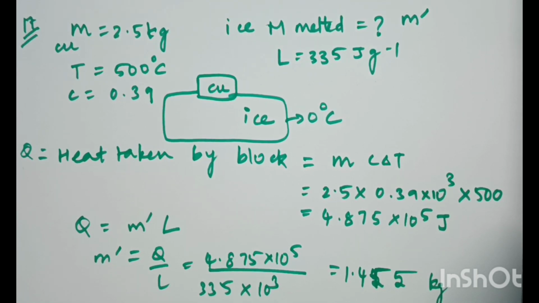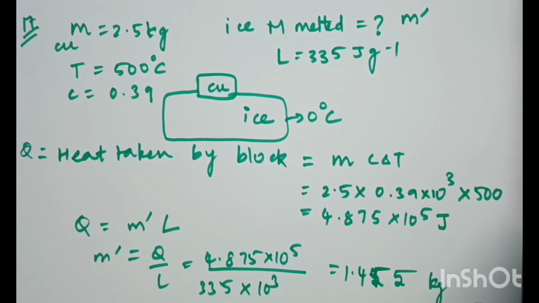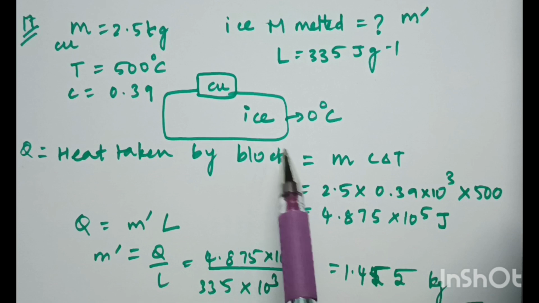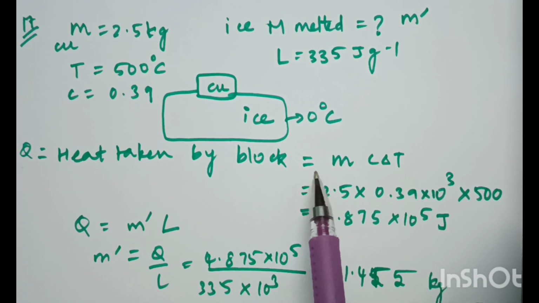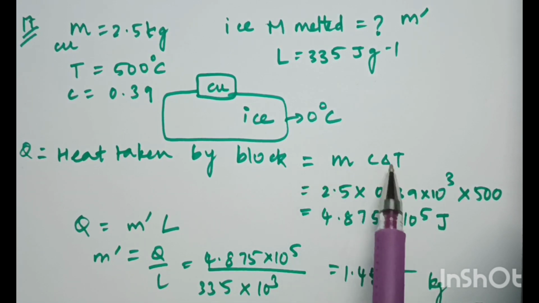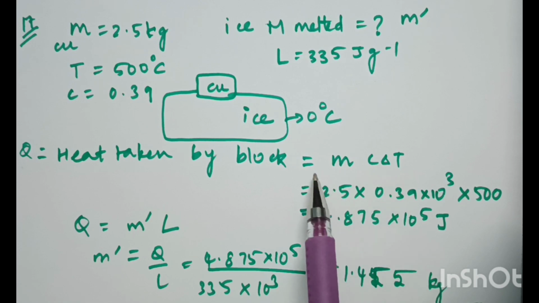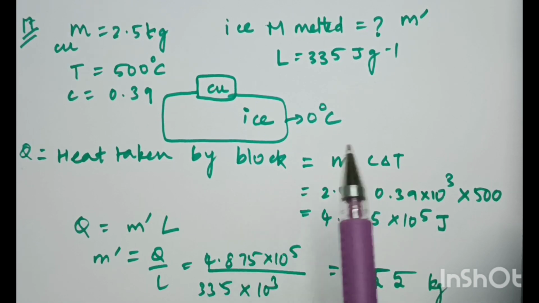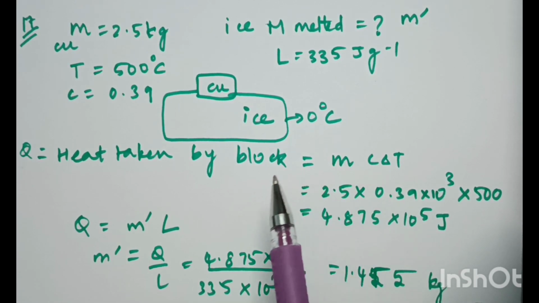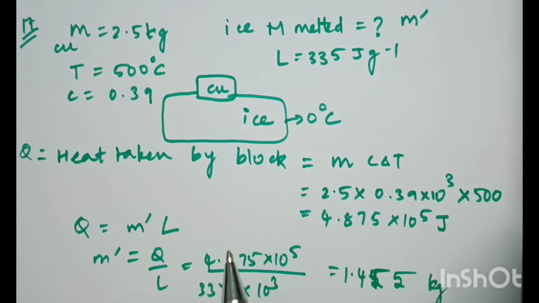So what is the energy that is going to be taken? That is mc delta T, so we have to consider it for copper. This is the heat given out by the copper. Please try to understand, this is the heat given out by the copper, and this will be taken by the ice. This heat is enough to melt some amount of ice, and we have to find that amount of ice.